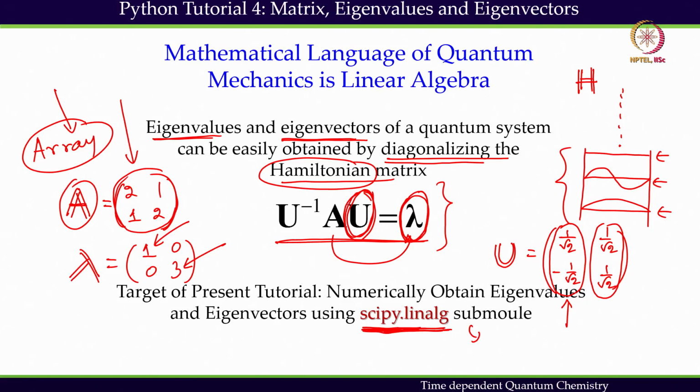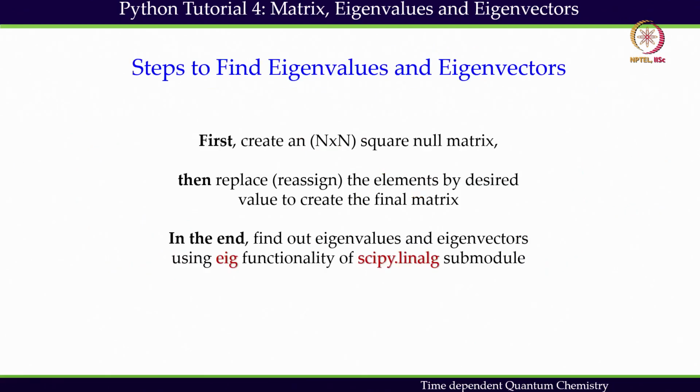So, we will use this linear algebra submodule of SciPy to represent the matrix and to calculate the eigenvalues and eigenvectors. How do we find the eigenvalues and eigenvectors? First, we have to represent the matrix.